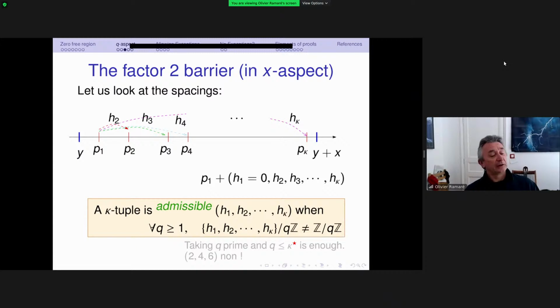You cannot have p, p plus 2, and p plus 4 all be primes, because one of these three is going to be divisible by 3. So you have some conditions on these spacings to be spacings of primes. That's what we call the admissibility condition. Admissibility is that essentially you do not cover everything. You still have one class where you can escape, just like the primes never cover the class 0.